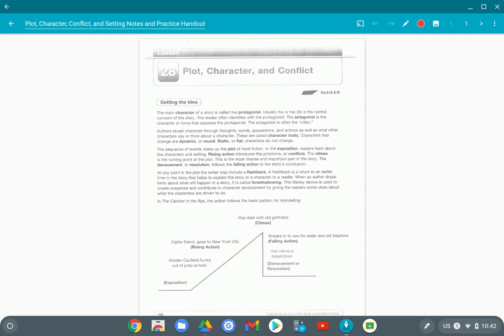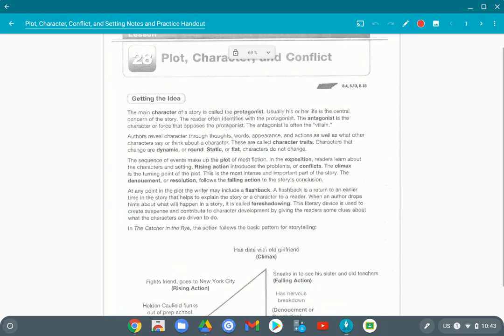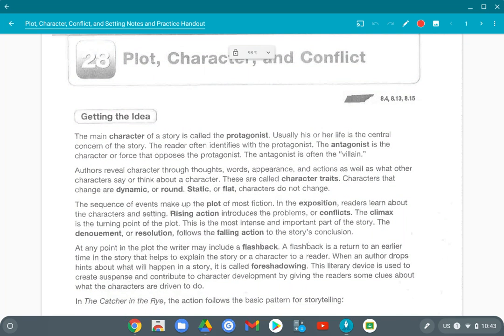So let's review. We know that the main character of the story is called the protagonist, and that the character working against the protagonist is the antagonist. It's easy to think of the protagonist and antagonist as good guy versus bad guy, but in a lot of storytelling nowadays, especially, the protagonist is not always a good person, objectively or subjectively speaking.